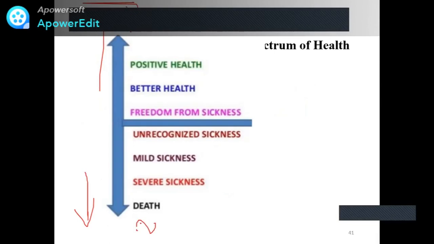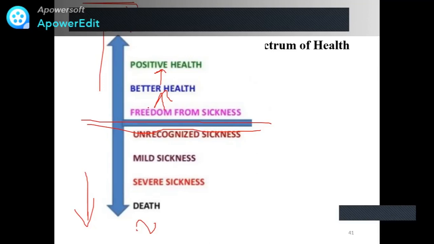Positive health begins from the neutral situation. On the positive side, free from sickness, then leading to better health, and then finally coming to the positive health.